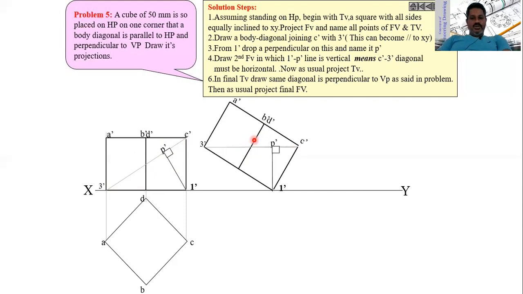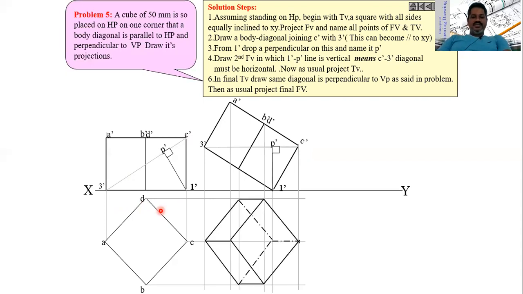Project all these points downwards from 3 dash, A dash, B dash, D dash, and similarly from the C dash like this. Then draw the horizontal lines from the top view, when the bottom face of the cube is completely lying on HP, to get the intersection points.